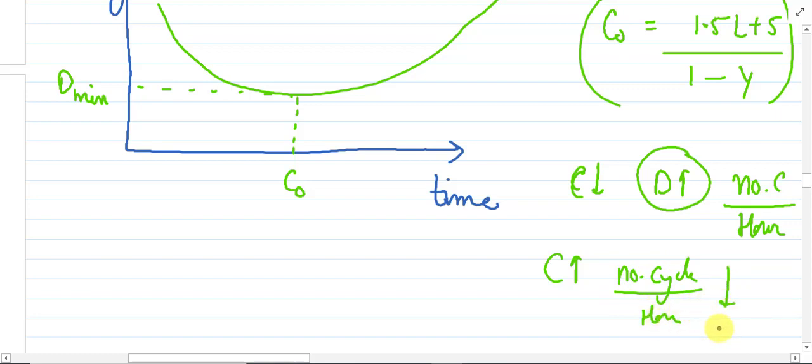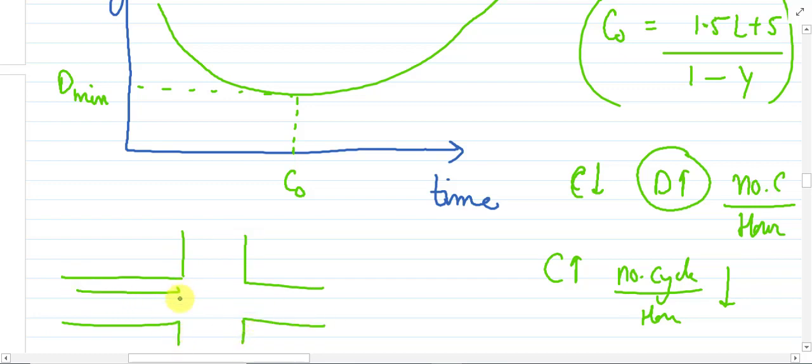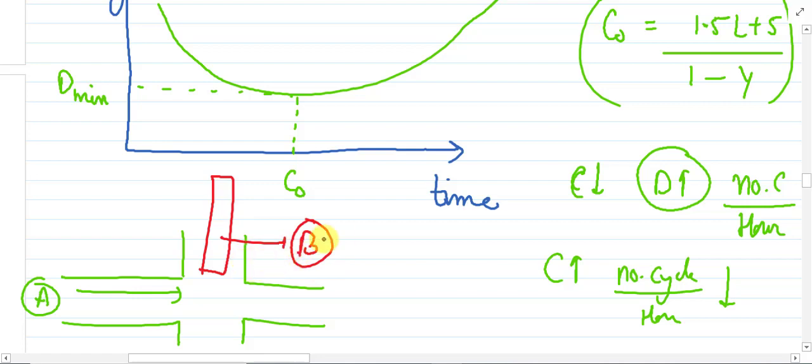Okay, but if the number of cycles is reduced, then the waiting time on the other road will be increased, and we can simply say that if the cycle length is increased for any road, suppose this is your road A, there is a queue in road B. Okay, in road B, this long queue of vehicles will also have some delays whenever they cross these intersections. Again, the delay will increase.